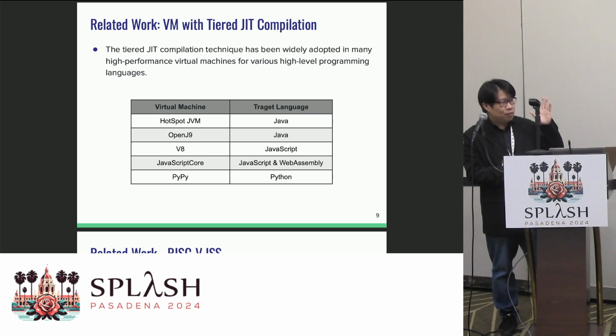These virtual machines are excellent, and we do want to learn the idea behind them. However, they are designed as high-level virtual machines, meaning it's a totally different scenario when we want to focus on a RISC-V virtual machine.